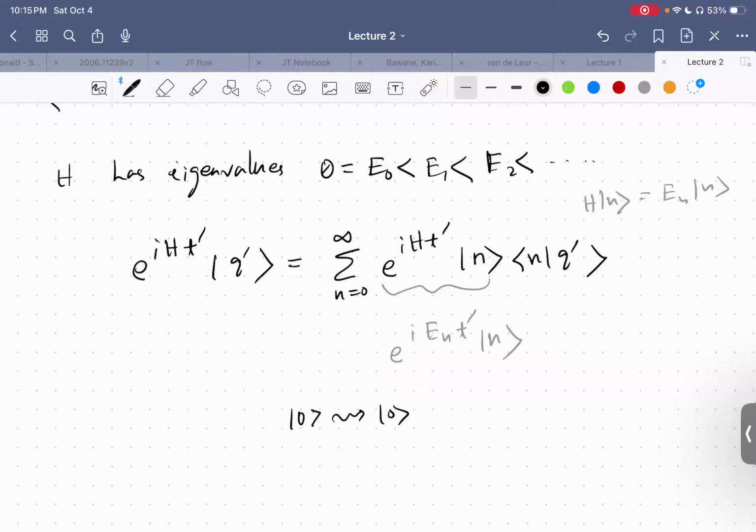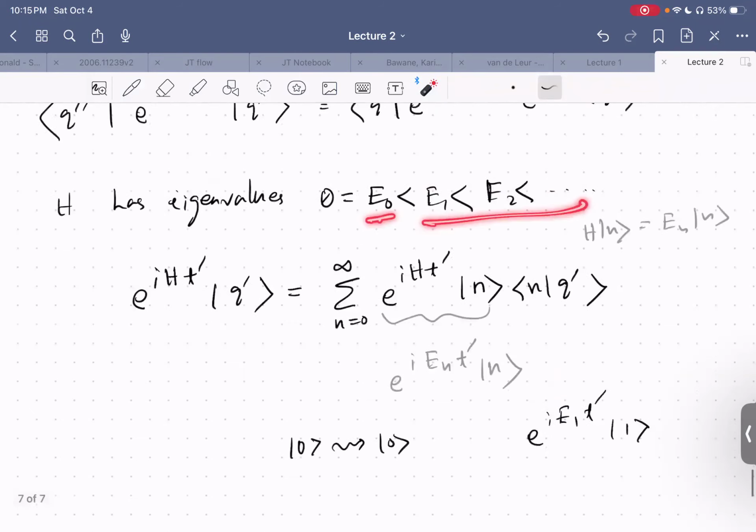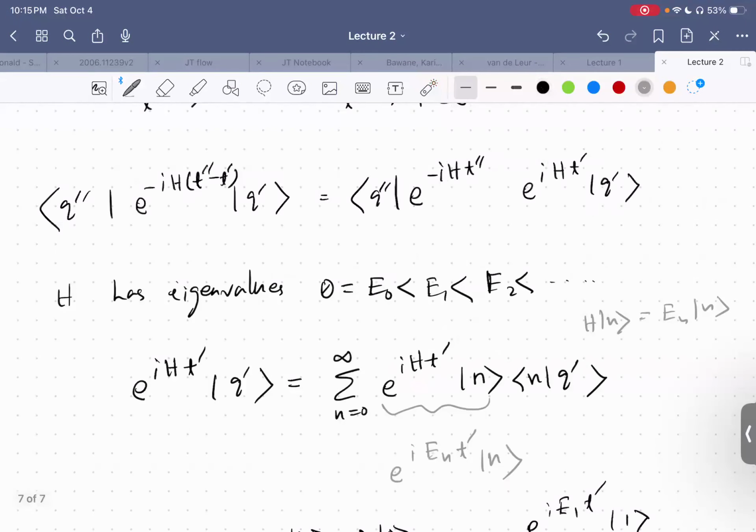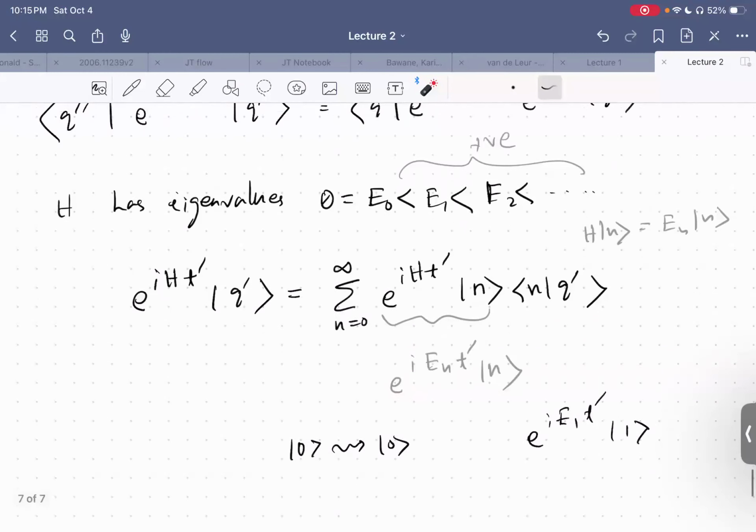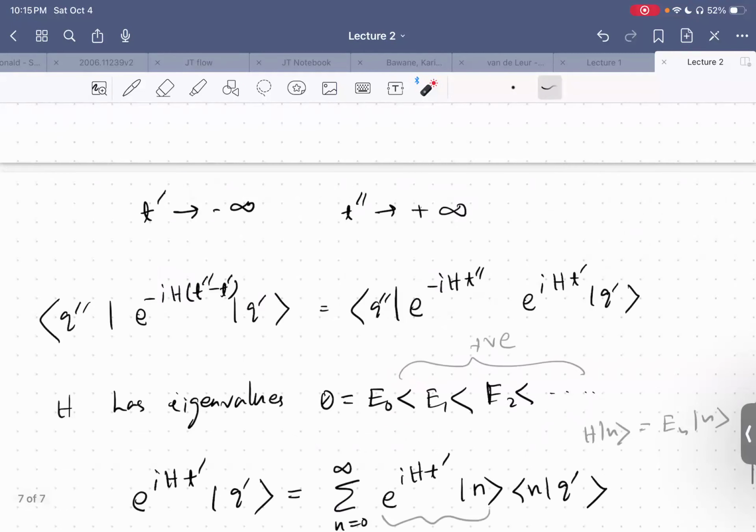But for any other state, even for the first excited state, this is positive, because this is 0 and everything else is positive. And t prime is negative because this is the limit that we're considering.